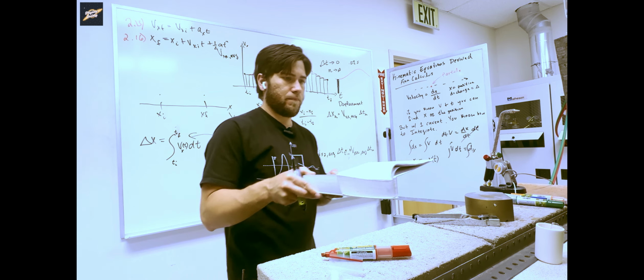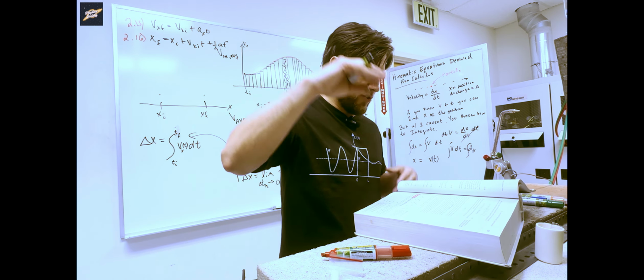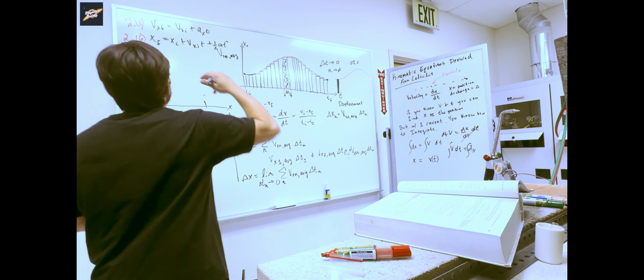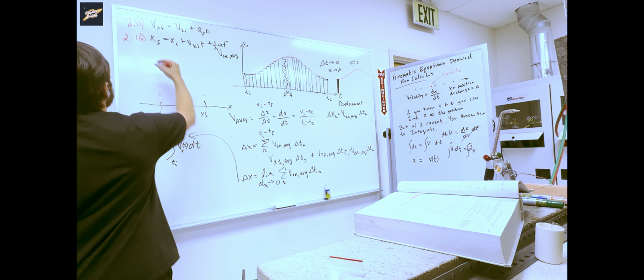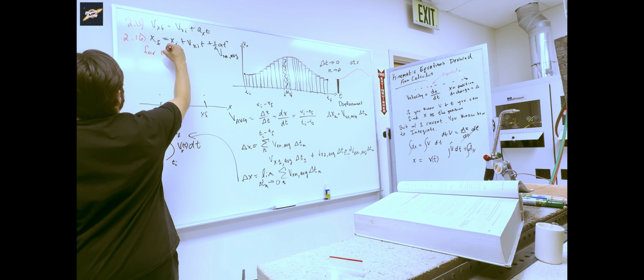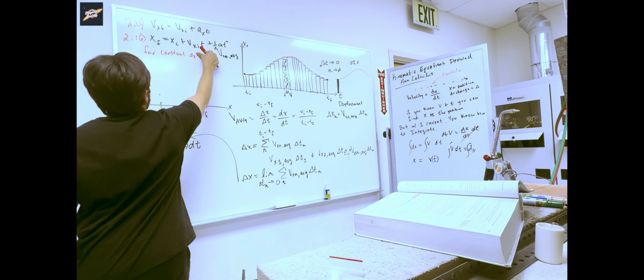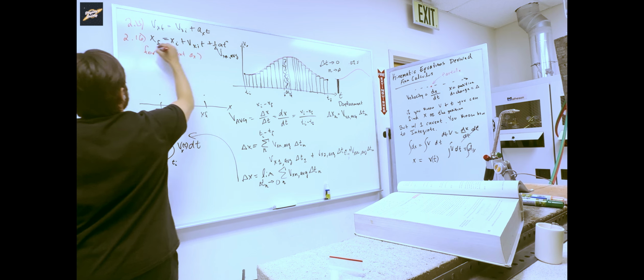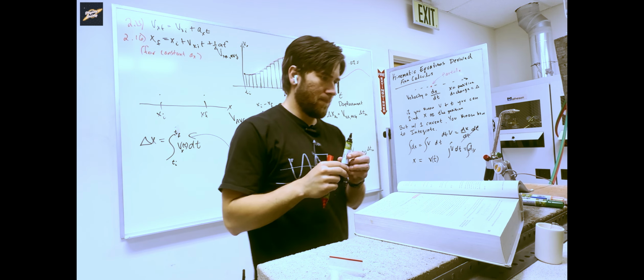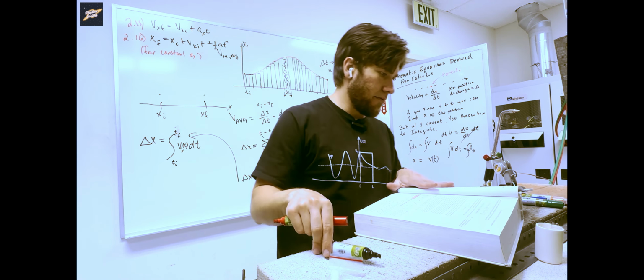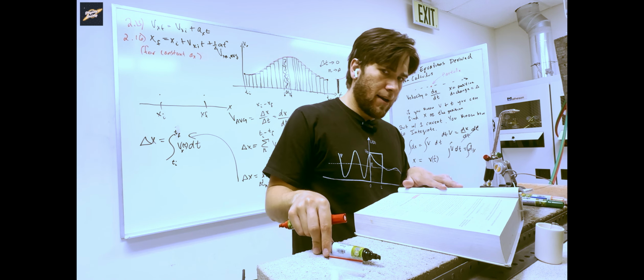Yeah, these are all for constant a_x. So let's just write that: for constant a_x. What is that saying? Constant acceleration.